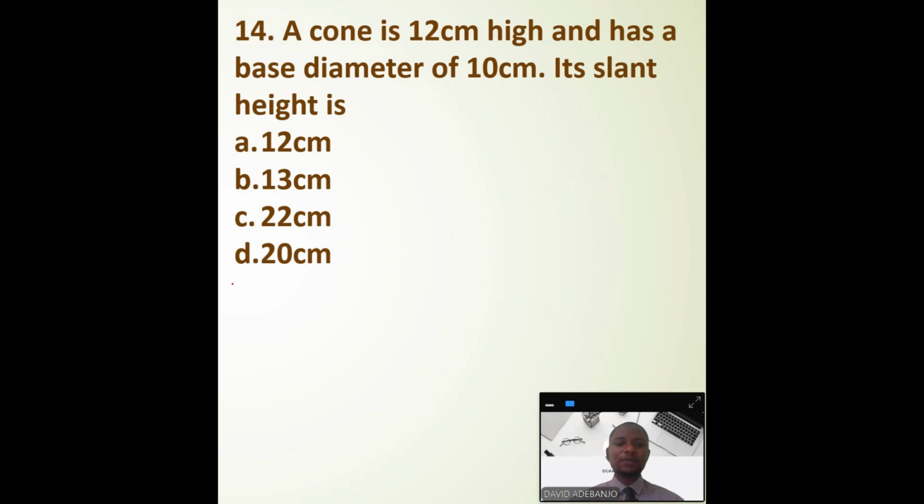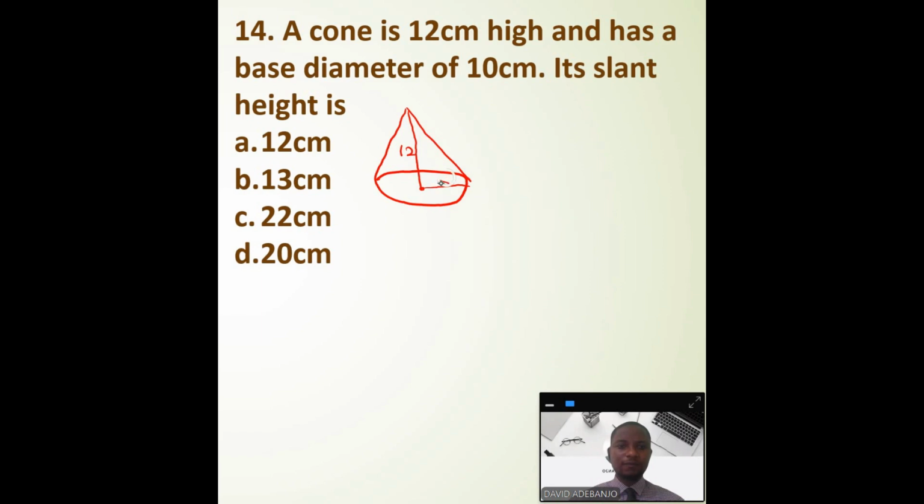Moving on to question 14. A cone is 12 centimeter high. So let me draw a cone for you. So the height is 12 and the base diameter is 10. So meaning the radius from the center to the circumference will be 10 divided by 2.